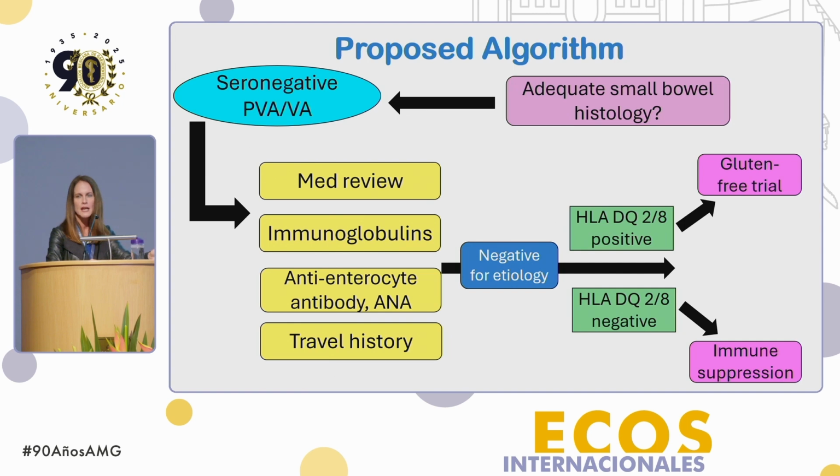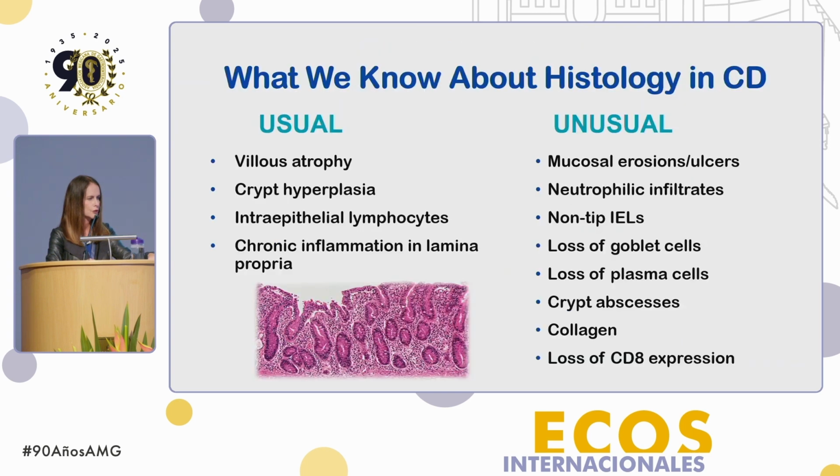If they're negative for any of those mimickers and they have the HLA that are permissive for celiac disease, a gluten-free trial would be reasonable. If they do not carry one of those permissive genes, then starting immunosuppression would be the route to go.